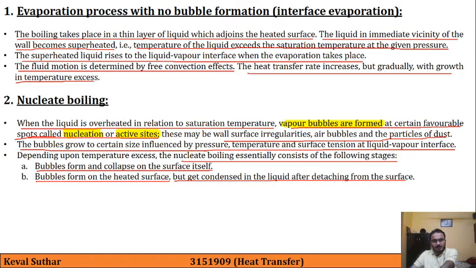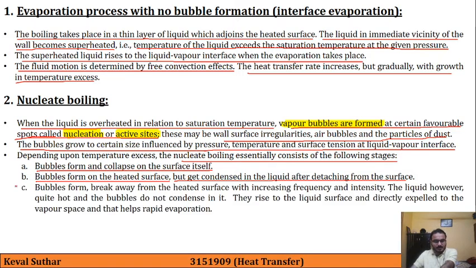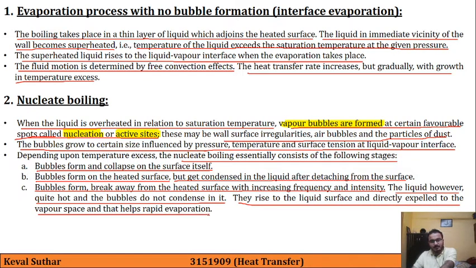Third is bubbles form and break away from the heated surface with increased frequency and intensity. The liquid, however, is quite hot and the bubbles do not get condensed. So here bubbles are not getting condensed and they rise to the liquid surface and are directly expelled to the vapor space, which helps in rapid evaporation.